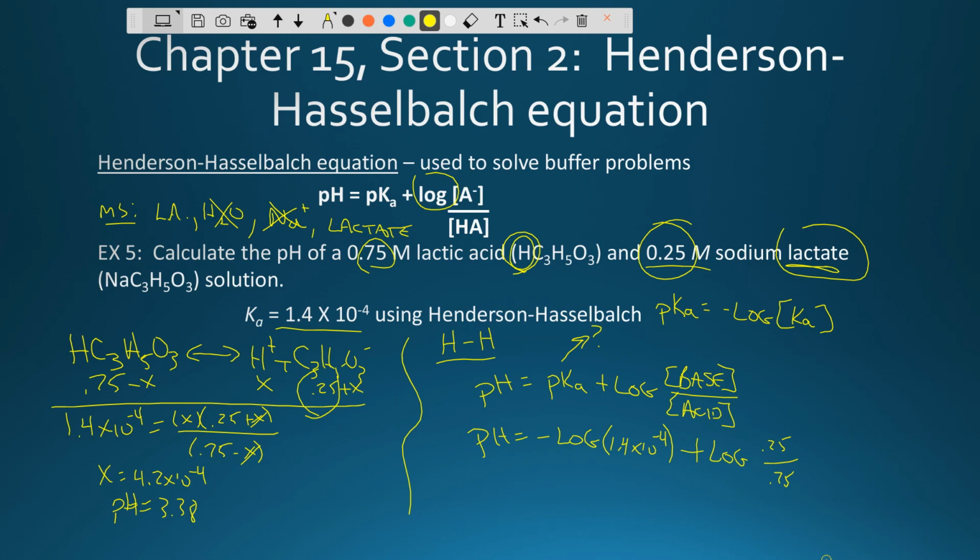So if I take a look at that, the pH ends up being 3.85 plus the log of this, which ends up being a negative 0.48. So my pH ends up being 3.37. Much faster, much easier on the mind.